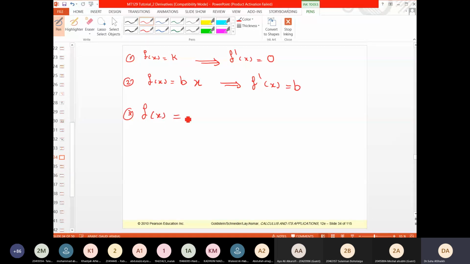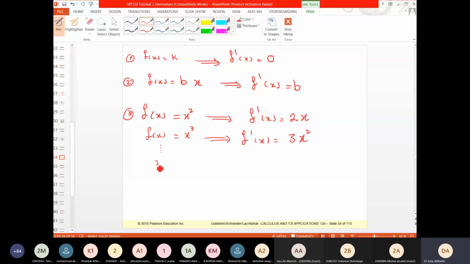Rule 3 states that when f of x is equal to x squared, the derivative f dash of x is 2x. If my f of x is equal to x to the power 3, my derivative f dash of x is equal to 3x squared.